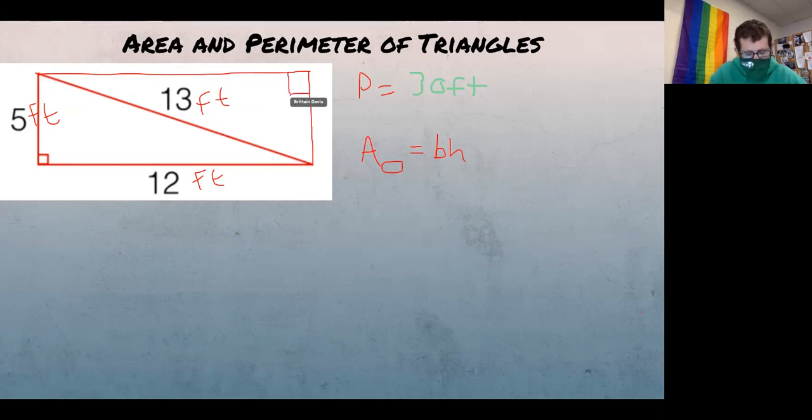From my original drawing, I just created a rectangle, right? So the area of this rectangle is the base times the height. Here's my base, the 12, here's the height, the 5, and when I multiply that together, I get the area of this rectangle.